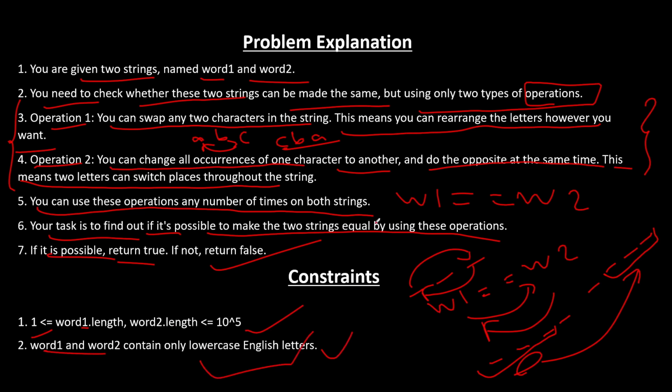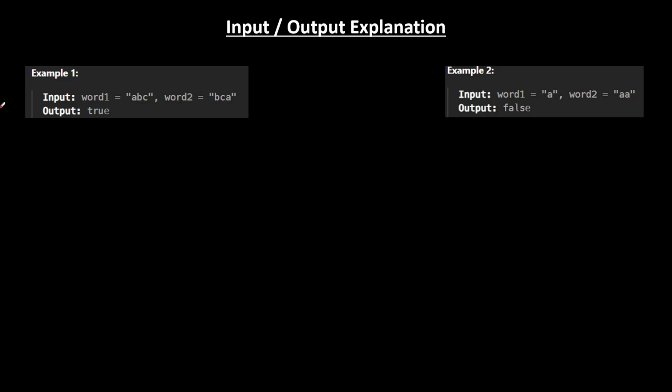Now let's move to the next slide and understand the input output of the problem. Word 1 is given as A, B, C, and word 2 is given as B, C, A. Operation 1 says that we can swap the characters or letters.